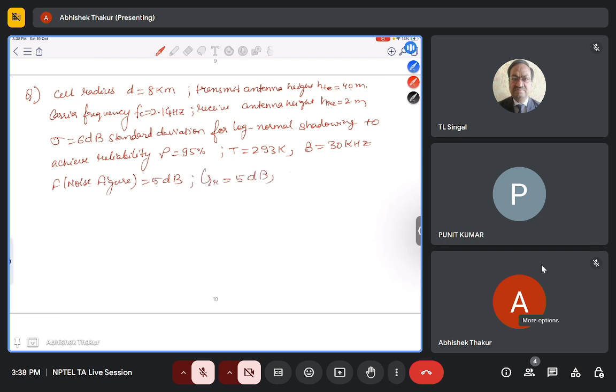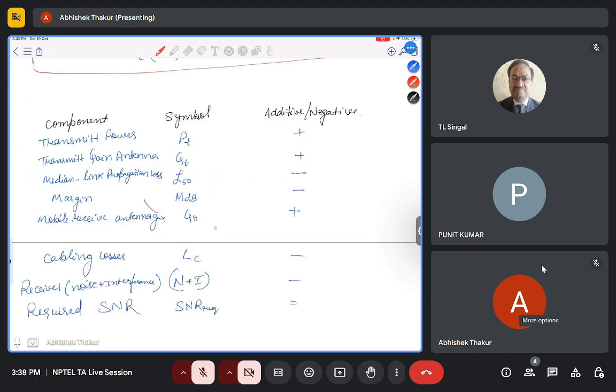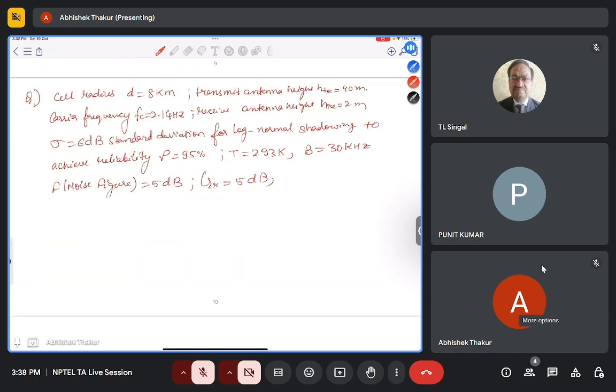Cabling loss, which is denoted by LC, is given as 3 dB, and transmit antenna gain is given as 12 dB.